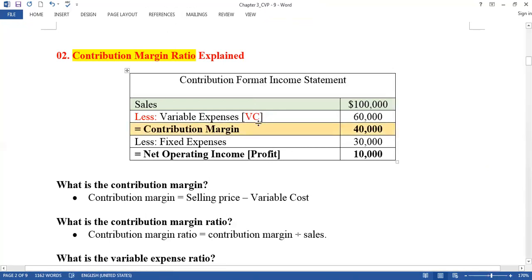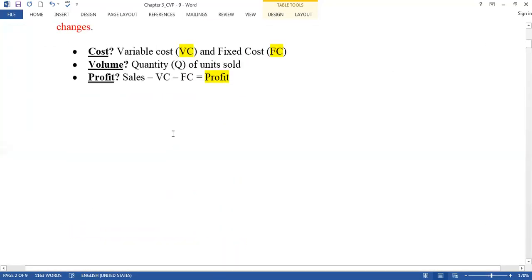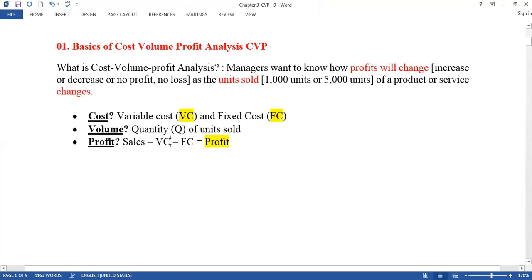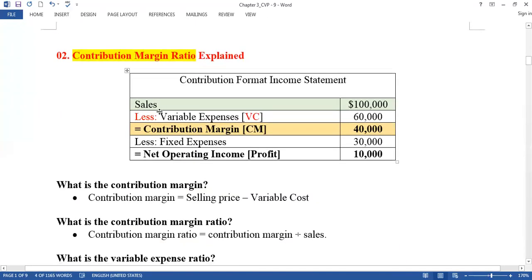Sales minus variable cost equals what is called contribution margin, in short CM. Do you understand? Sales minus variable cost equals contribution margin up to here.